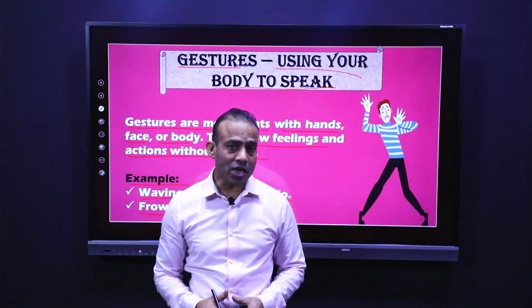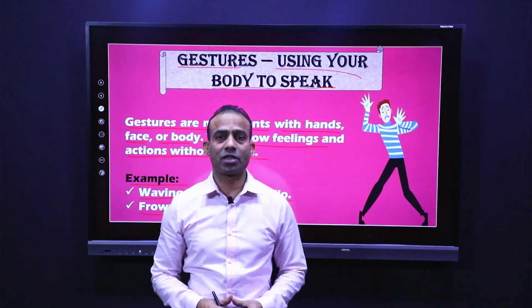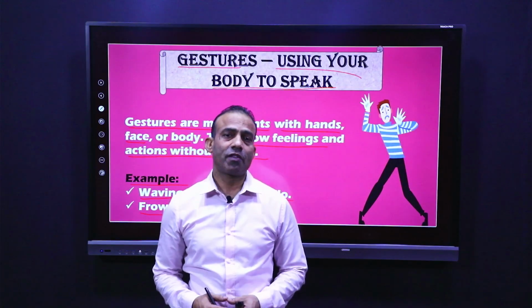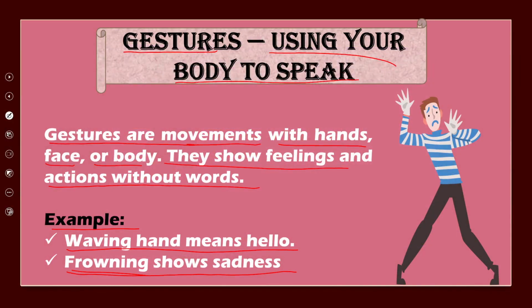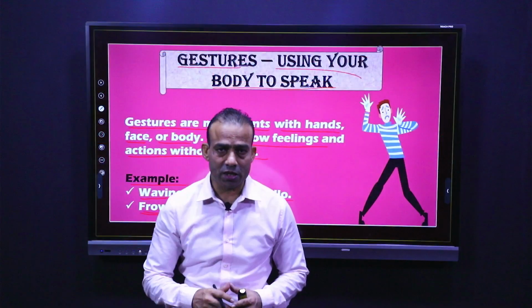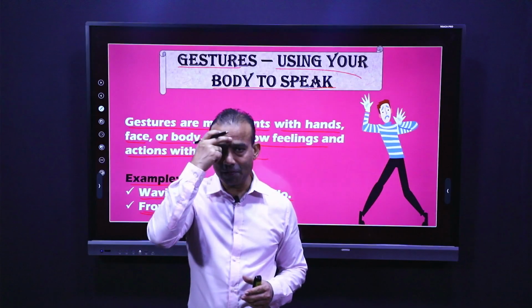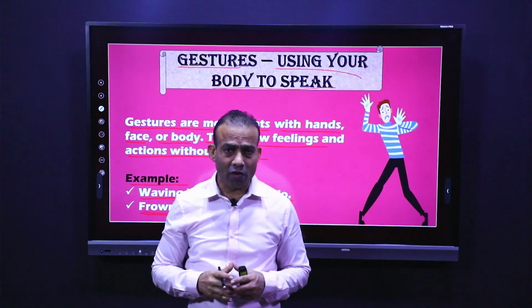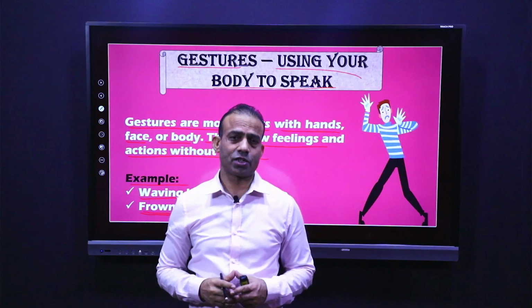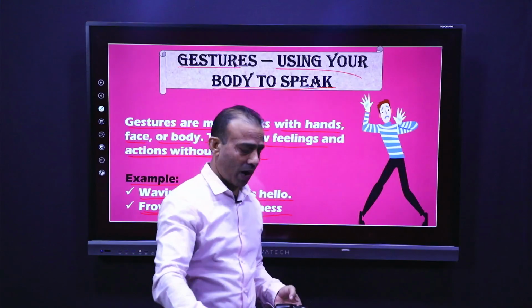And the other gesture from your side is frowning. Frowning means when you put lines on your forehead, like that. Now let's move to the next part.